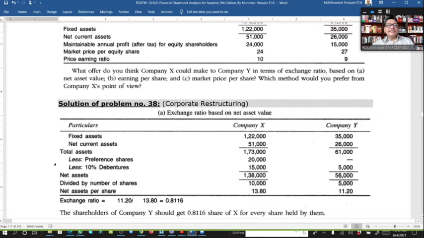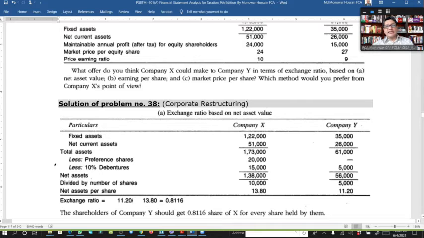So adding these, total asset comes to 1,73,000 for company X and 61,000 for Y. From that asset, we subtract the preference share and 10% debenture, because these are obligations we have to pay. There is no preference share for company Y, but debenture for both companies. So after fulfilling the obligations, net asset comes to 1,38,000.